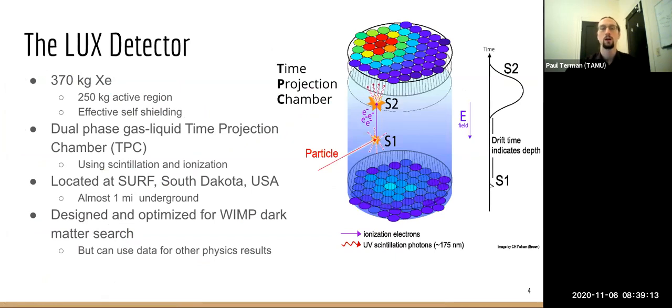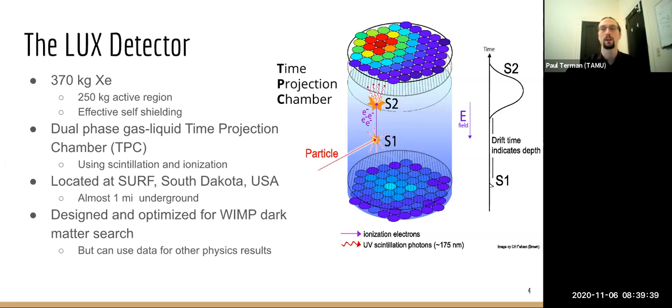I want to give you a quick rundown of the LUX detector. It's a time projection chamber, a TPC, that was filled with 370 kilograms of xenon, mostly liquid, with a small gaseous region at the top. What happens is that an incident particle comes in, it smacks into that xenon. There's going to be an initial burst of light and scintillation.